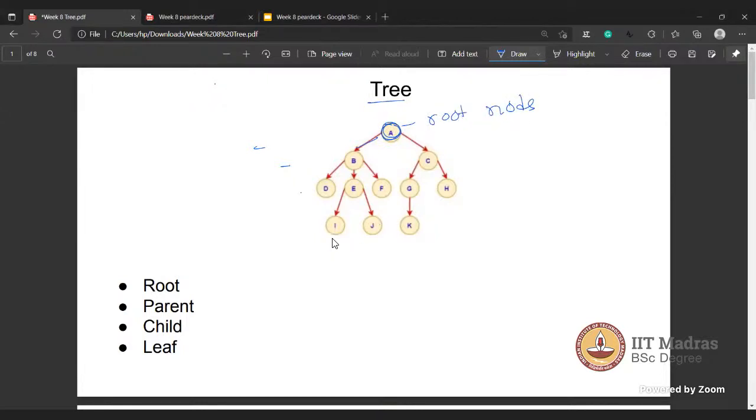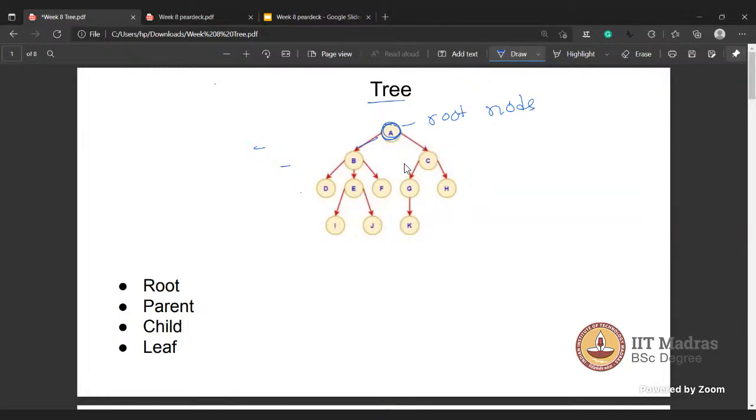A tree has only one root. In a tree it is possible to have more than two children, but in a binary tree at most two children.